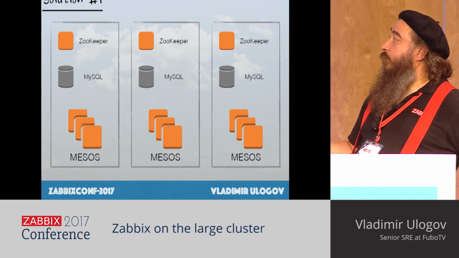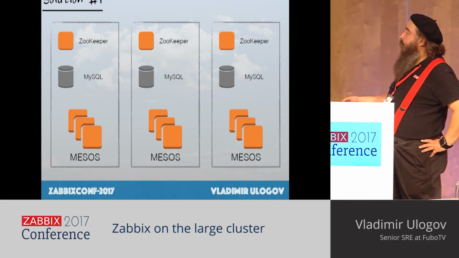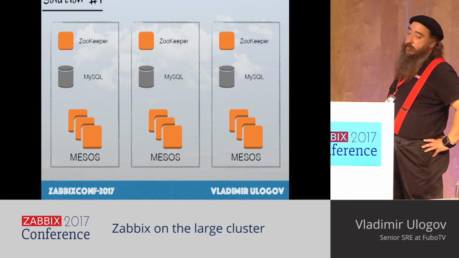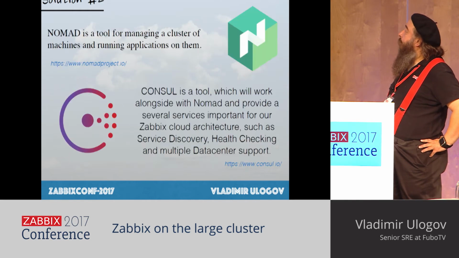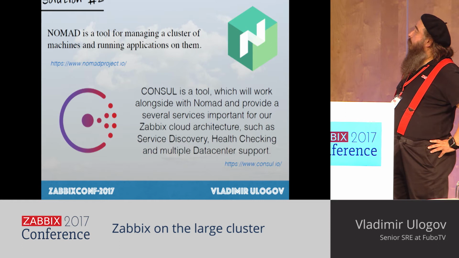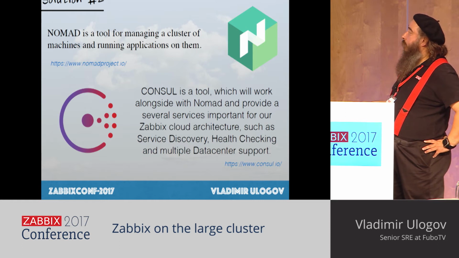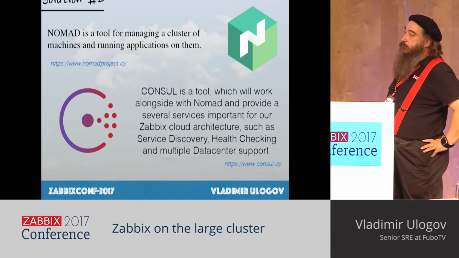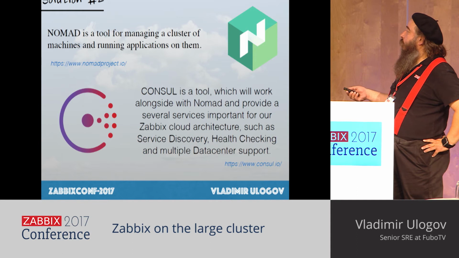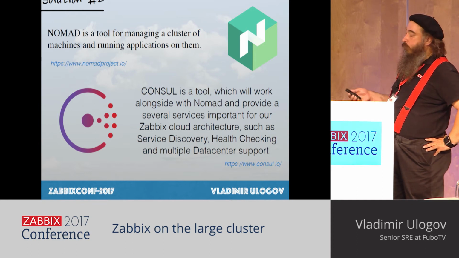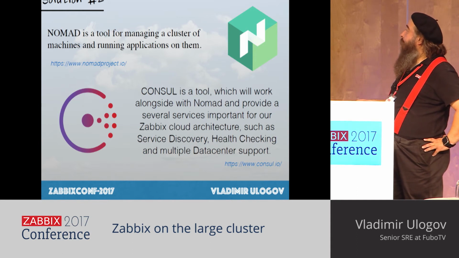Three availability zones. That's the computing infrastructure controlled by Mesos, MySQL in each availability zone, and Zookeeper in each availability zone. The next solution is Nomad Consul. Again, the beauty of this solution is it does provide you the support for the legacy application, and Consul provides you out-of-box resource discovery.